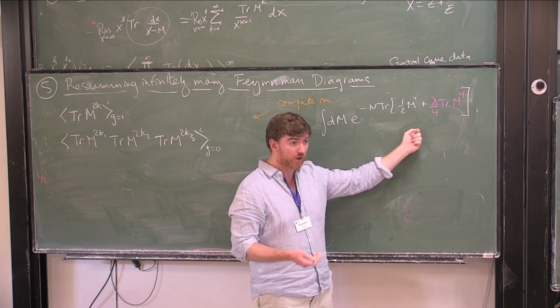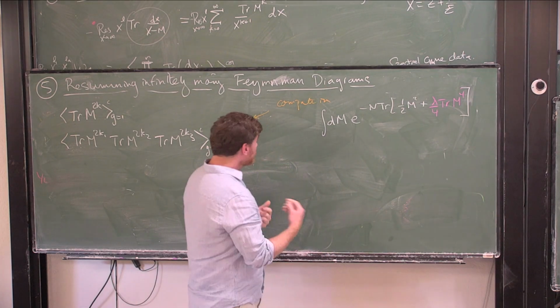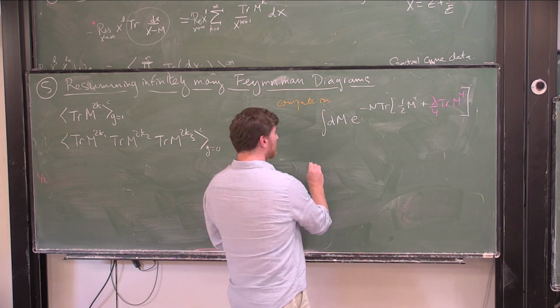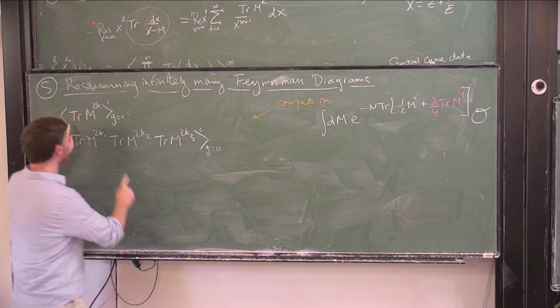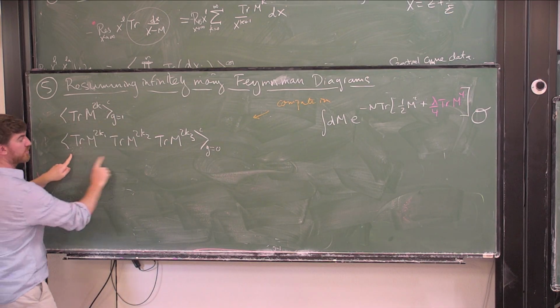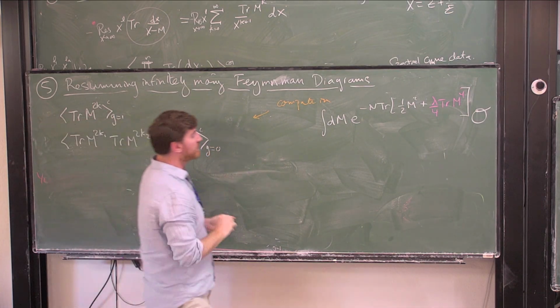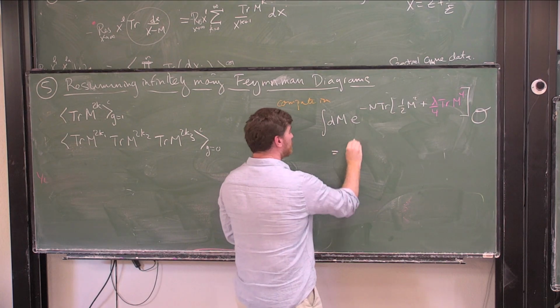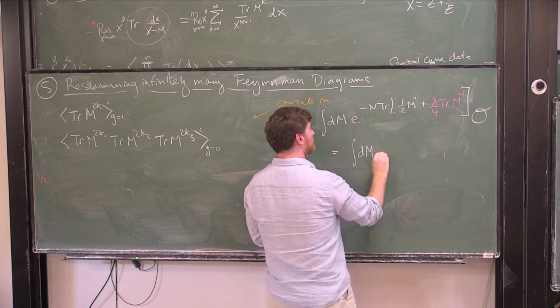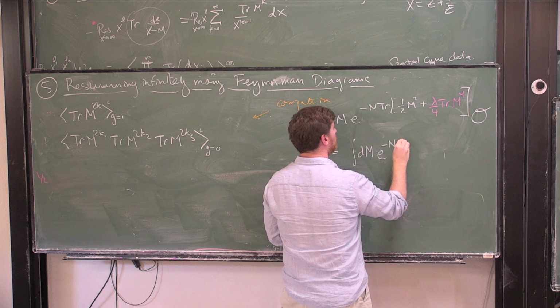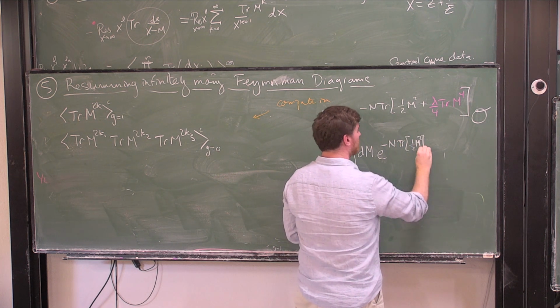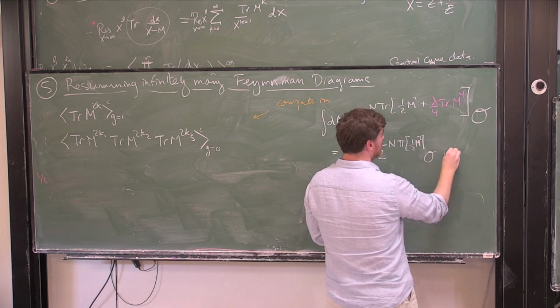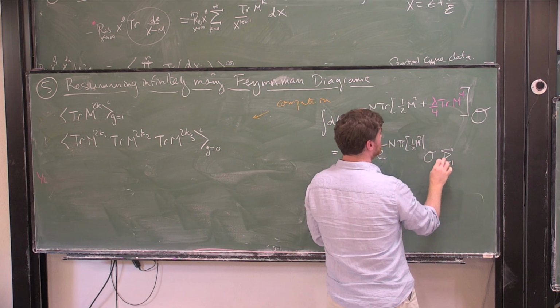And that's in general a very hard problem, right? So as we said yesterday, one way to do that, if we put this observable O, so O could either be trace m to the 2k, or it could be all of those. Whatever we introduce over there, this would be the same as doing this integral in this Gaussian, O, but now we could have infinitely many insertions here.